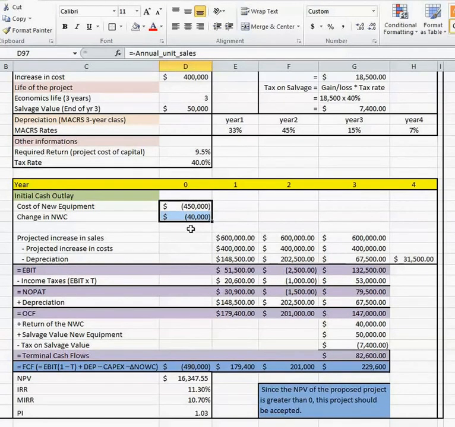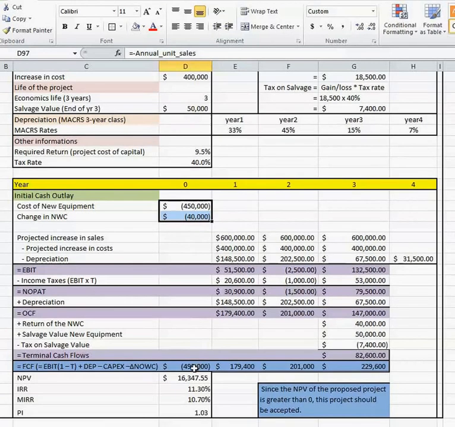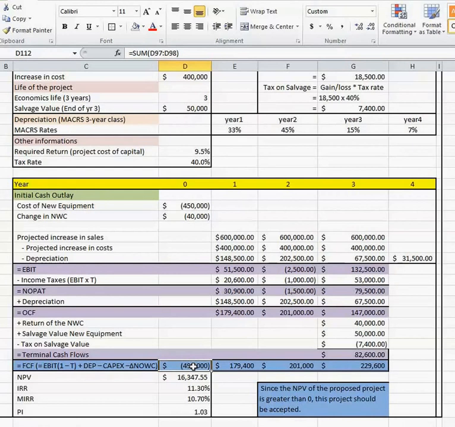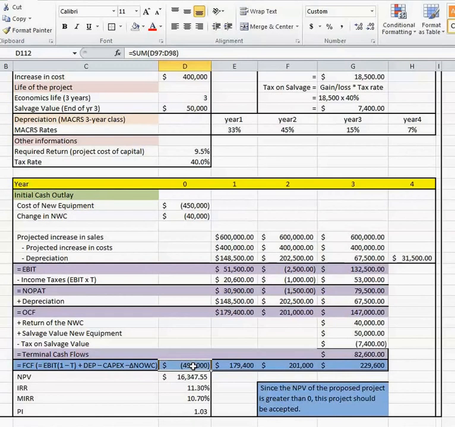So it's 450 plus 40,000, which is $490,000. $490,000 is the total cash outlay for this project. In other words, you need $490,000 right now if you want to implement this project. That's the investment.